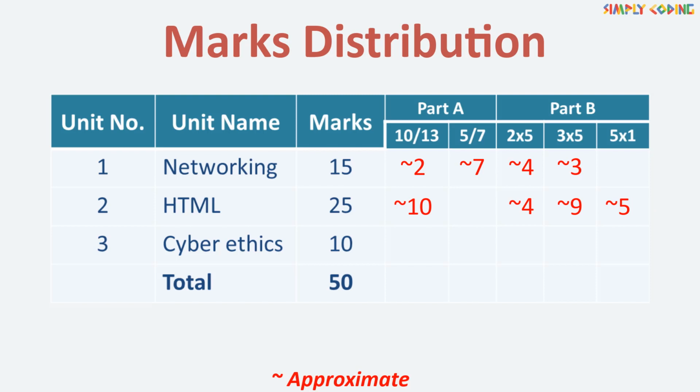The 5-mark question will have a choice of either a program of 5 marks or 5 short questions of 1 mark. For cyber ethics unit, we can expect 1 question of 1 mark and 1 5-mark question on case study, 1 question of 2 marks and 1 question of 3 marks.